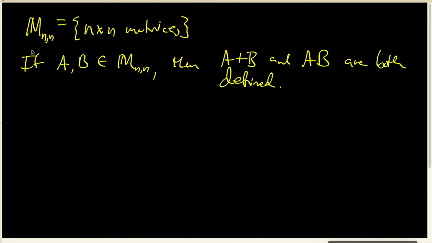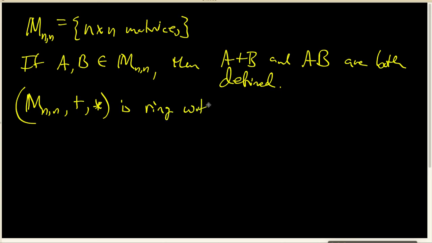It turns out that this particular set, under its plus and times, winds up being a ring, but it is no longer a commutative ring with identity. So there are lots of these examples that you're already familiar with of sets that have binary operations.